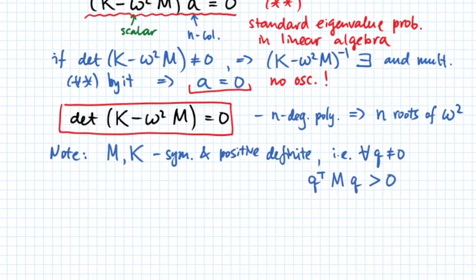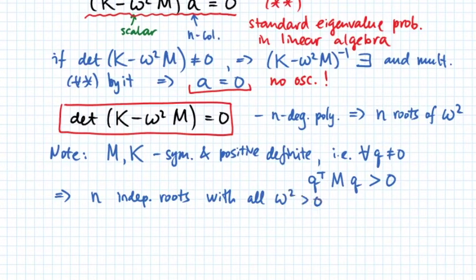It is known from linear algebra that symmetric and positive definite matrices will guarantee to give us n independent roots with all of the values of those roots to be positive, even though some frequencies can be the same.